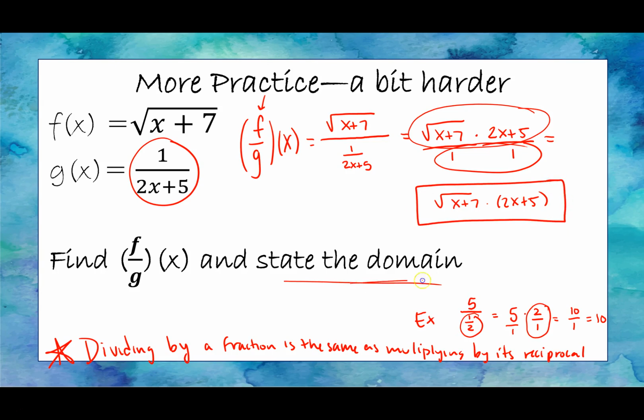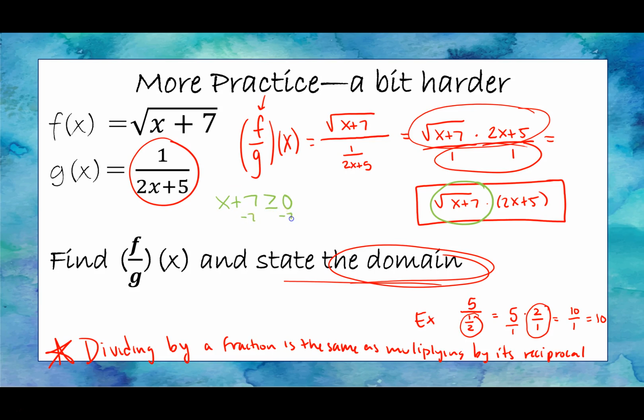It asks you to state the domain, and we know that there are two possible issues with the domain. One is if we have an x in the denominator, that could be 0, and the other one is if we have a square root. Well, the issue that we have today is the square root, and we know that we cannot have a negative. We know that our x plus 7 has to be greater than or equal to 0.